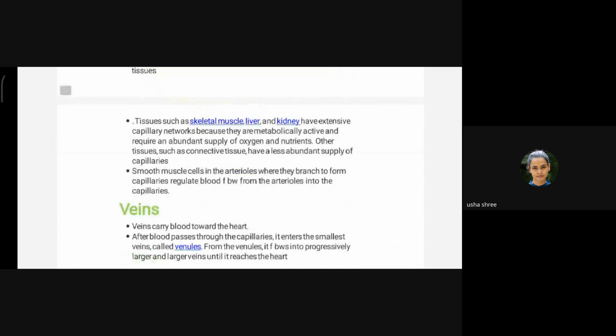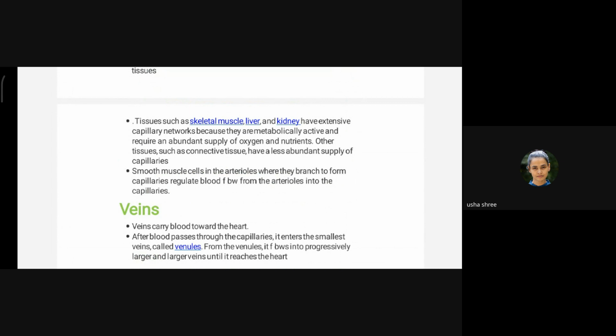Now, tissues such as skeletal muscle, liver, and kidney have an extensive capillary network because they are metabolically active and require an abundant supply of oxygen and nutrients. Skeletal muscle mainly, and kidney and liver. They need an abundant supply of oxygen and nutrients.